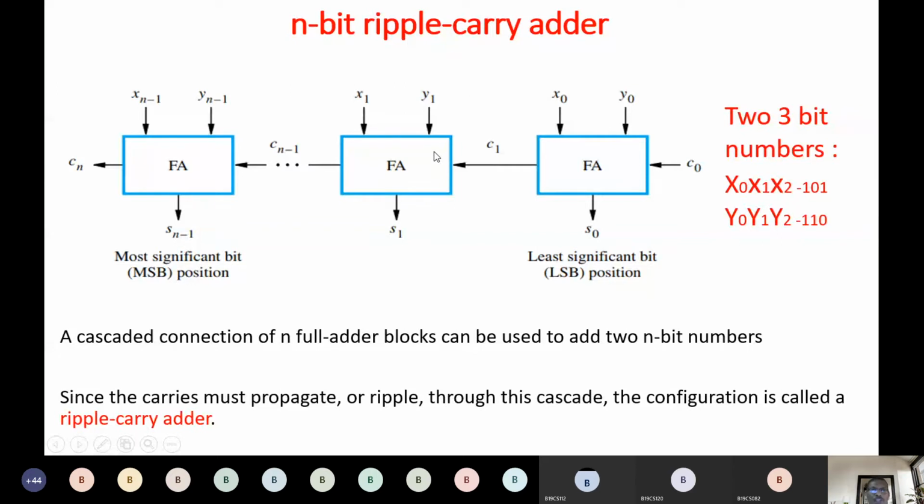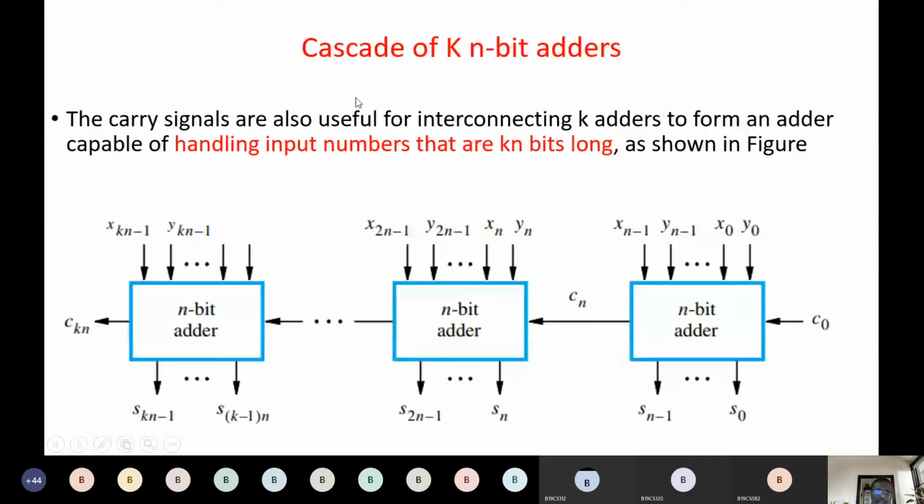And one more thing is, we can even connect such n-bit carry adders. This is one single n-bit ripple carry adder. So we can connect multiple n-bit ripple carry adders to become a k n-bit ripple carry adder. You can see in the next slide, the cascading of k n-bit carry adders.